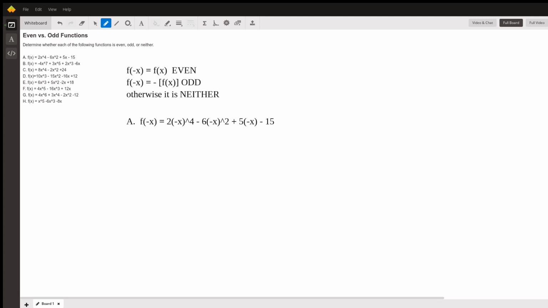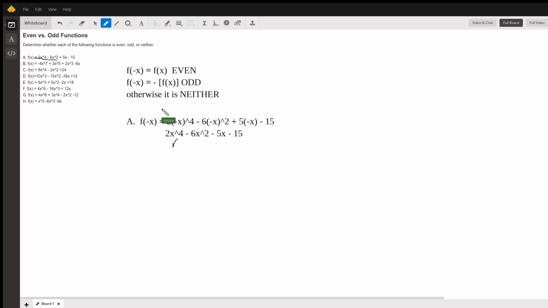Well, when you take any negative to an even power, you have an even number of negatives and they all cancel. So this becomes 2x to the fourth minus 6x squared. But 5 times negative x becomes minus 5x. And then we still have minus 15. Now, if you look at the original, this term is the same.